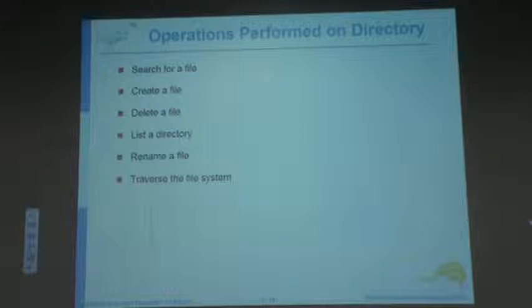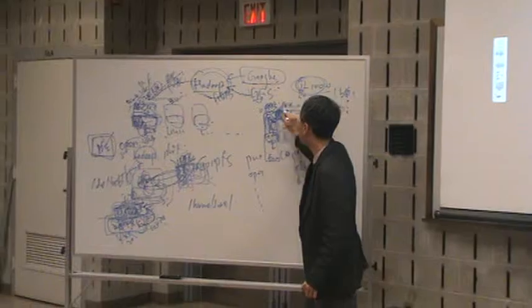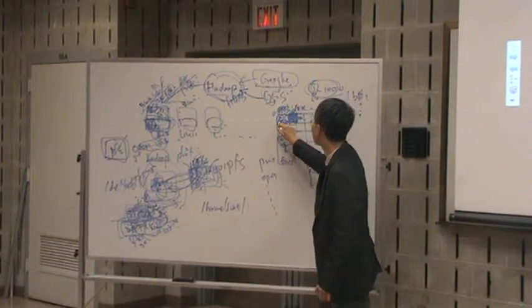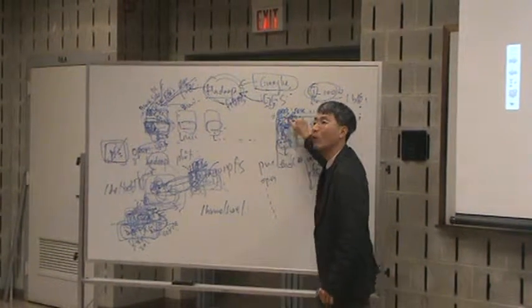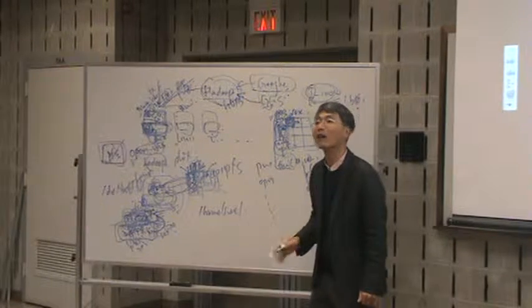Even though you delete the file, that doesn't mean it deletes the data. It deletes only the information in the directory. So even though we remove the file a.txt, it doesn't delete the data. It deletes only the directory information that makes the occupied block free.